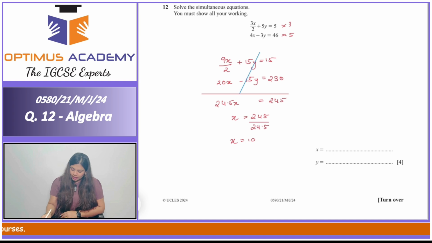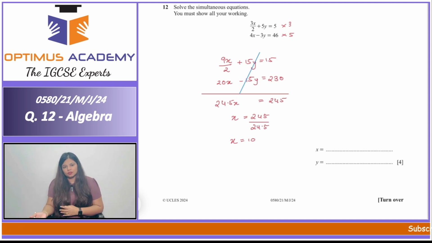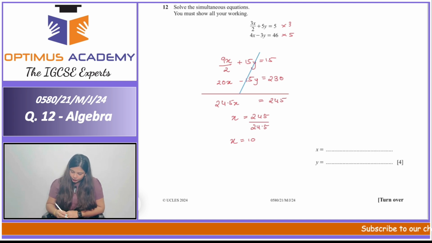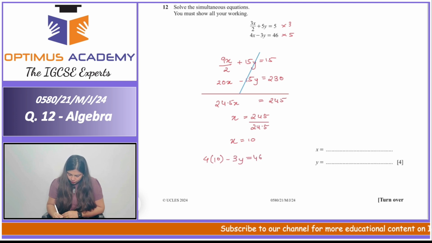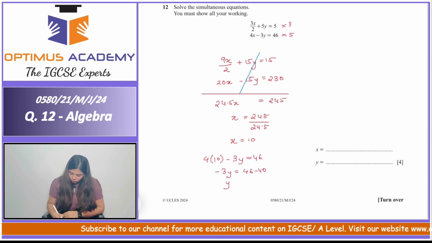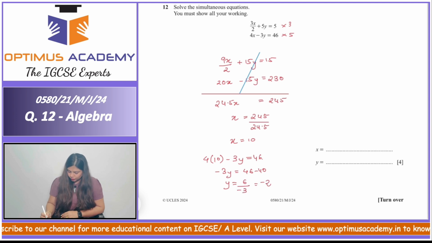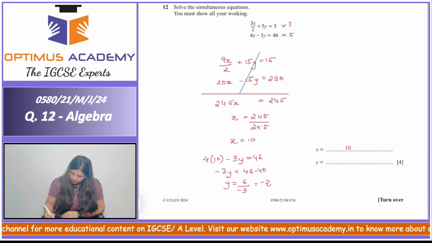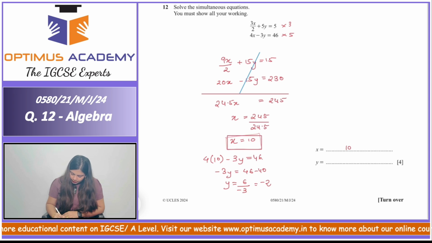Now, since we have got x as 10, we can substitute in any of the equations to get y. So, 4 bracket 10 minus 3y equals 46, minus 3y equals 46 minus 40, y equals 6 divided by minus 3, which is minus 2. So, the value of x is 10 and the value of y is minus 2.